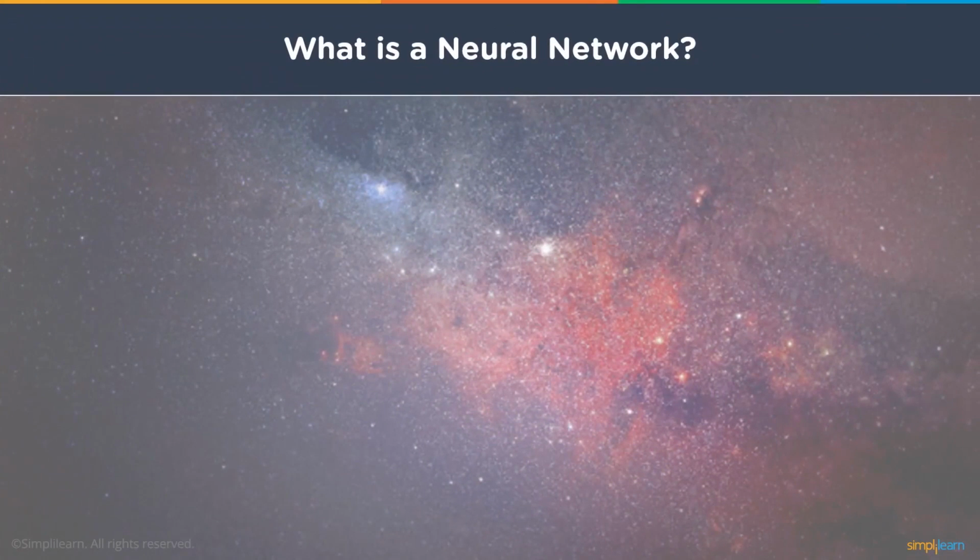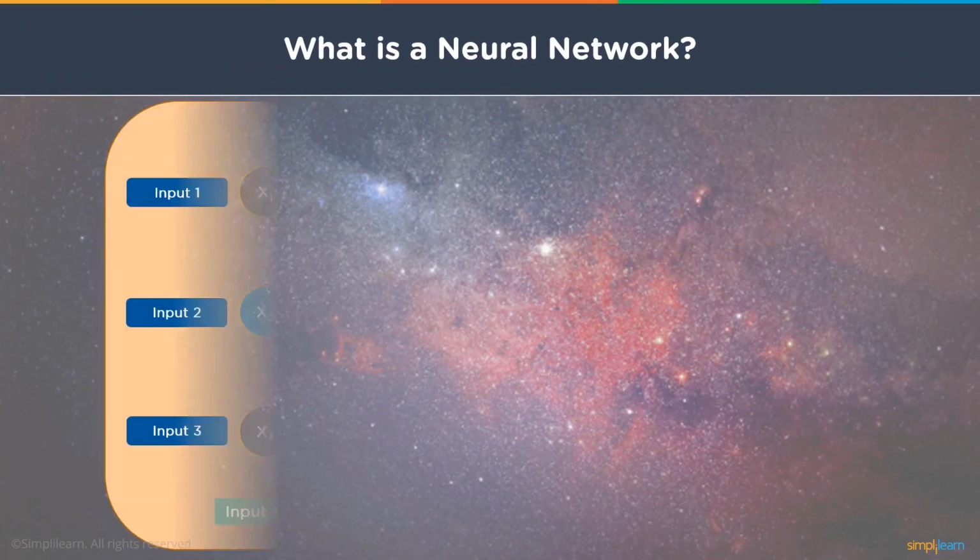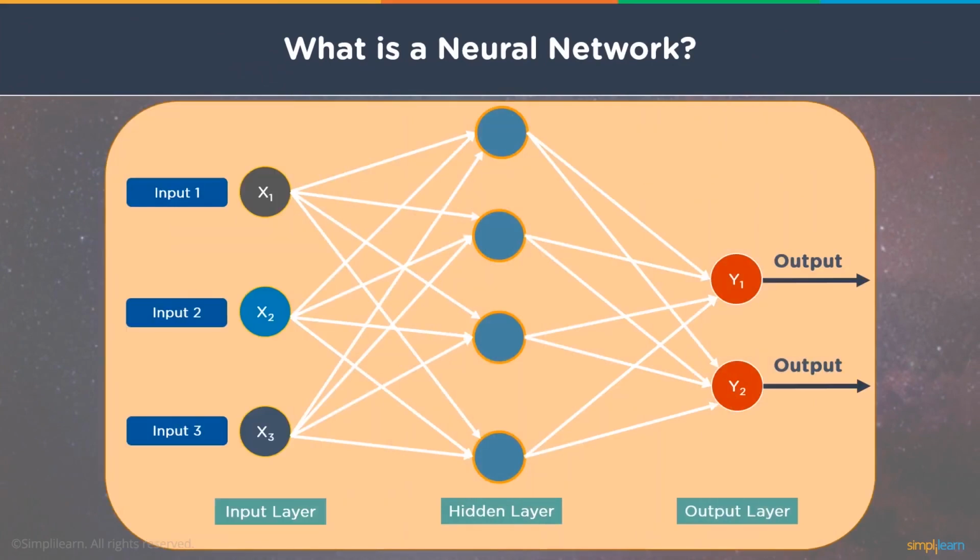So when we look at what is a neural network, and we look at a nice image of it, today's neural networks usually have a layer of inputs. You'll see here we have input 1, 2, and 3 with x1, x2, x3. So you have your input layer, you have your hidden layers. This might have multiple layers depending on what you're working on.